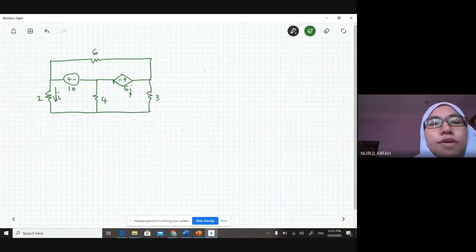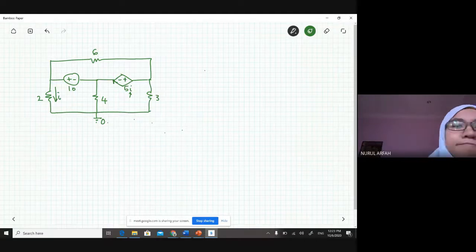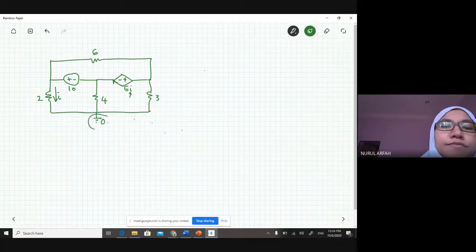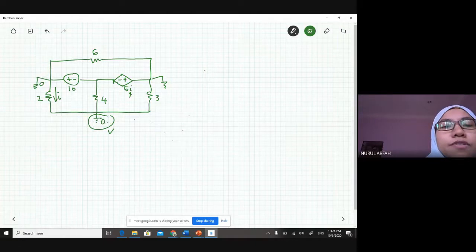Okay. Now, since this is nodal analysis, you have a 0 here. Actually, brothers and sisters, you can put your reference point anywhere. You can put it here, or here, or here, to simplify your questions.